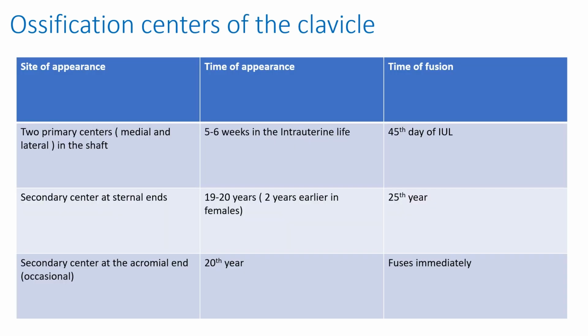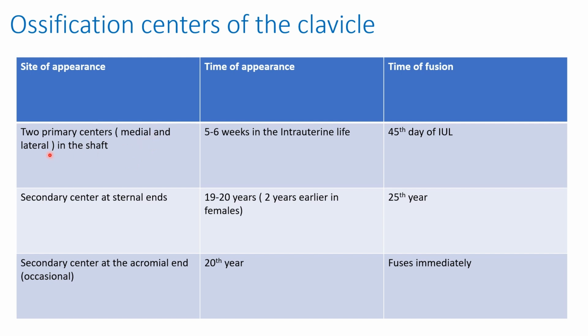So let's look at the ossification centers of the clavicle. We are going to look at them under the site of appearance, the time of appearance, and then the time of fusion. So the 2 primary centers are for the medial and lateral parts of the shaft. So we are talking about the shaft, not the ends.